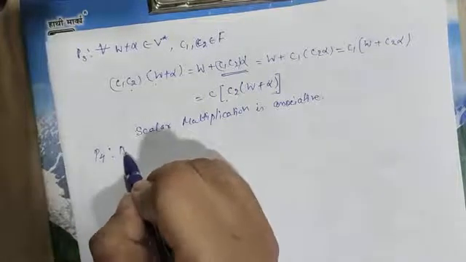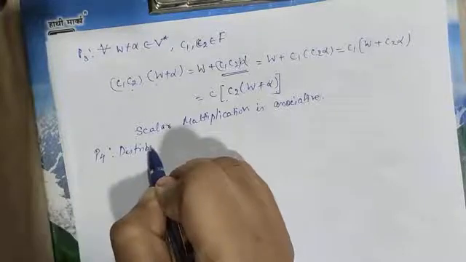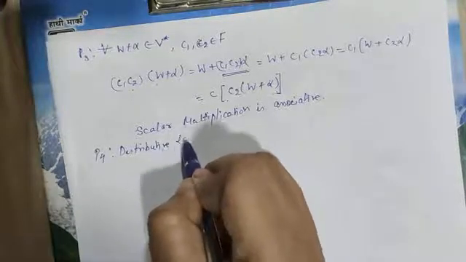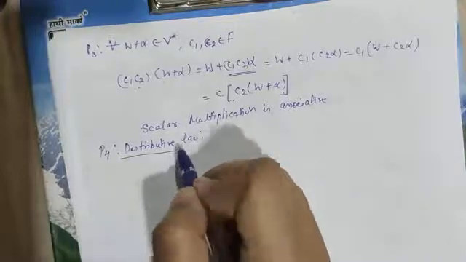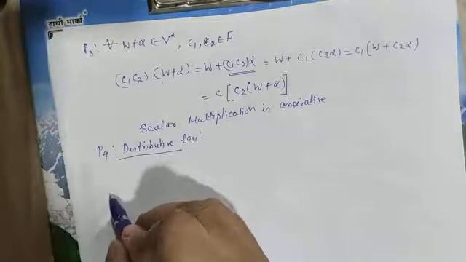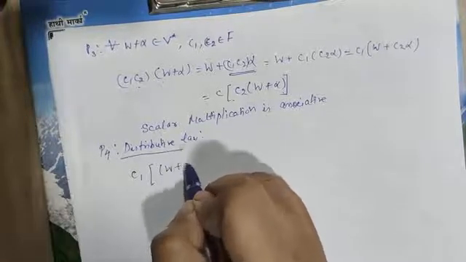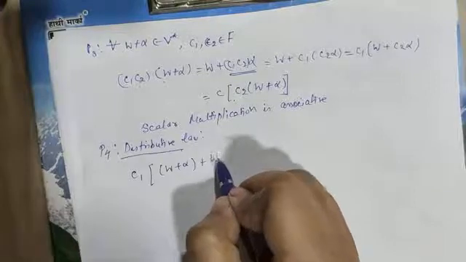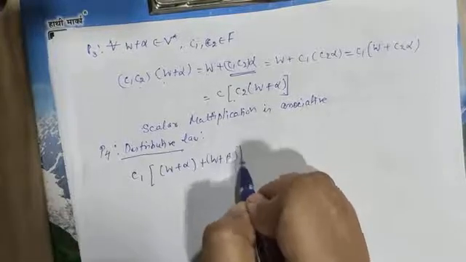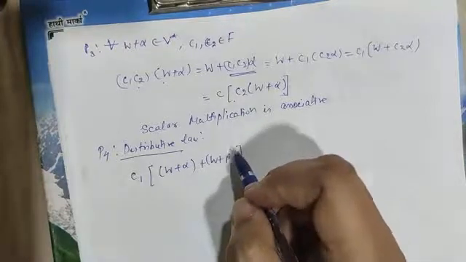Next is distributive law. For this, C1 W plus alpha plus W plus beta, where C1 belongs to F and W plus alpha, W plus beta belongs to V star.